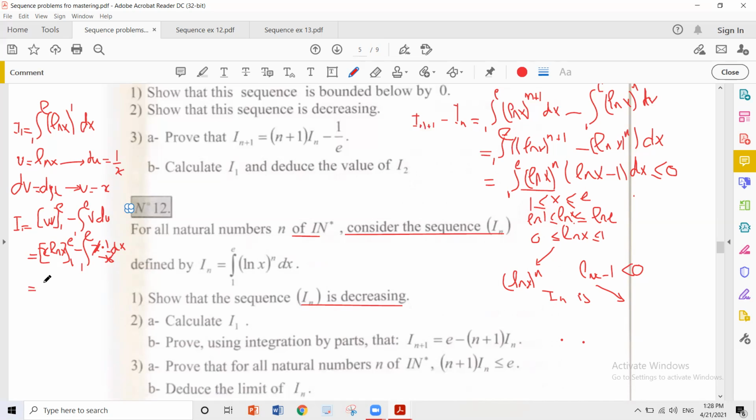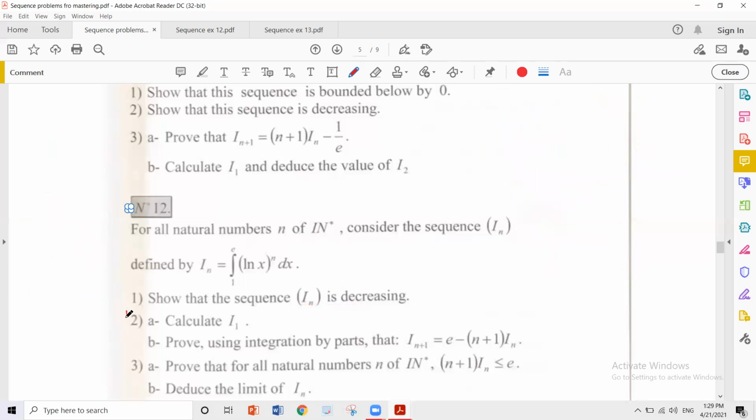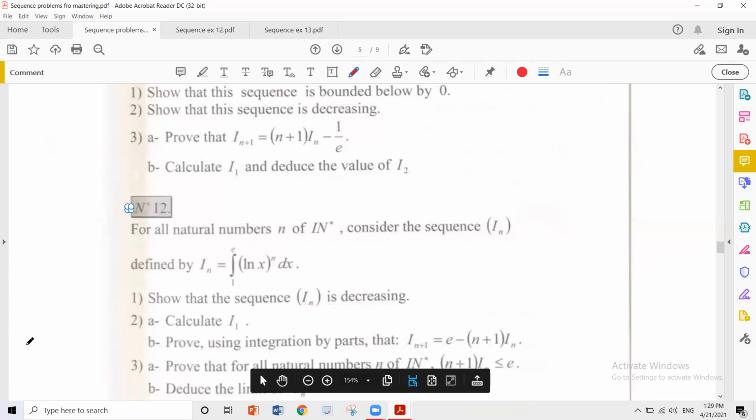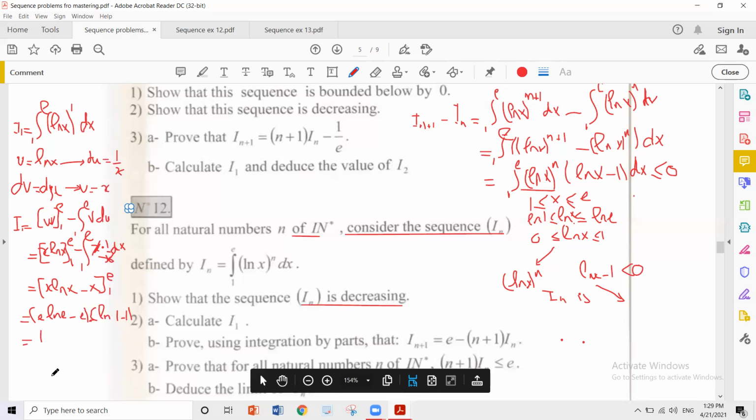The integral of 1 is x between 1 and e, which equals e ln e minus e minus (ln 1 minus 1). We get 1.